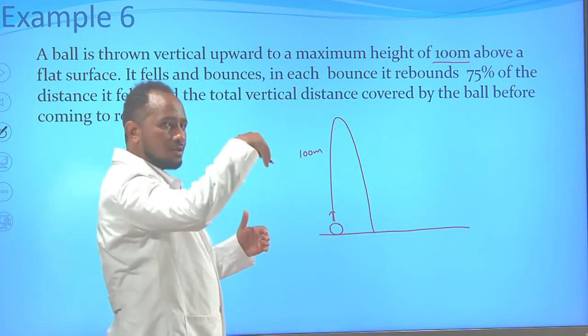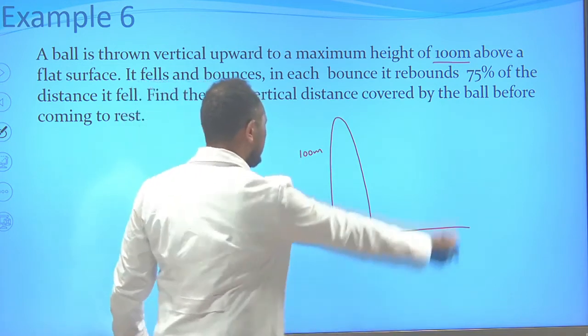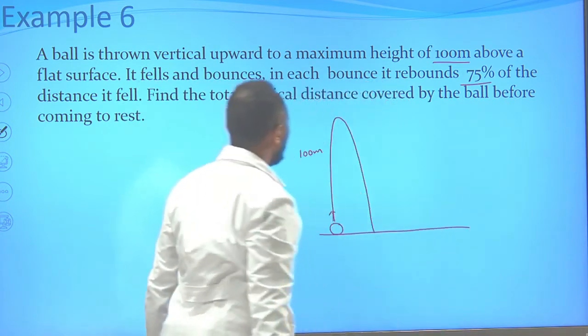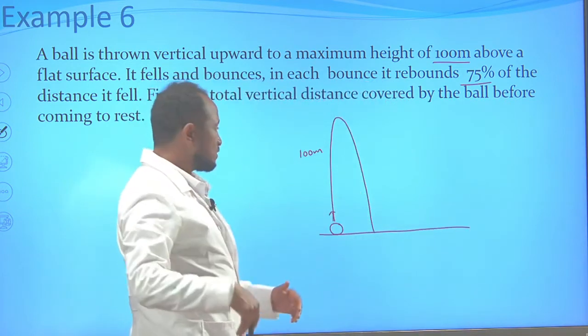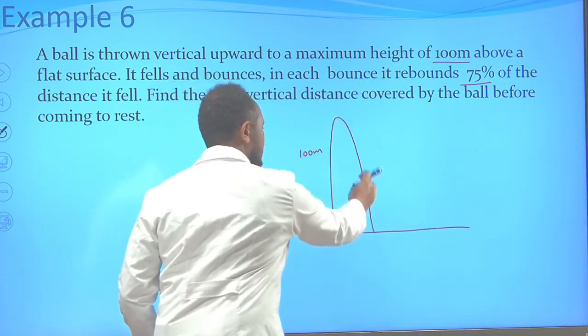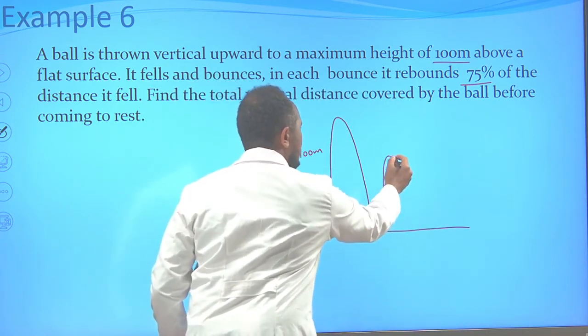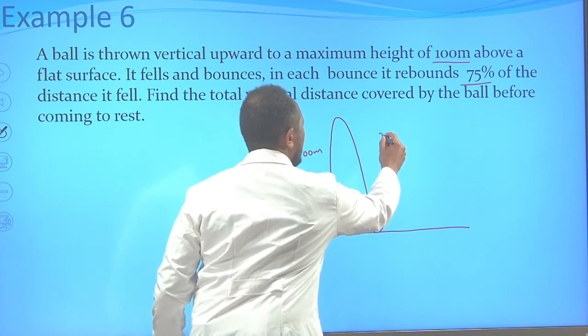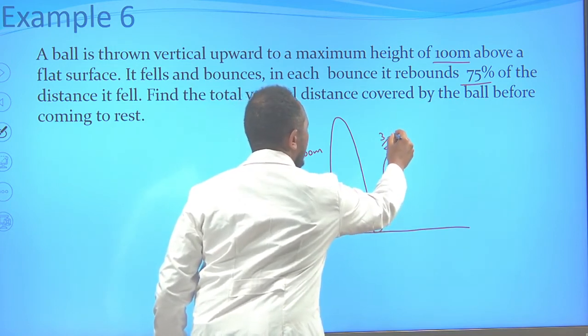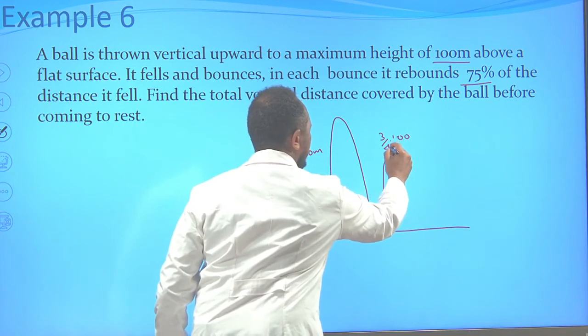And then it rebounds 75% of the distance it falls. It falls 100 meters, so it rebounds 75% or 3/4 of 100.